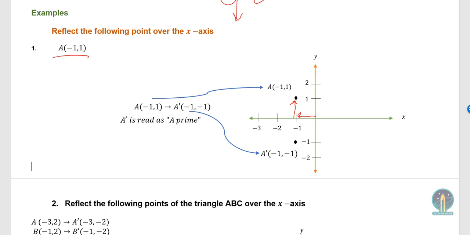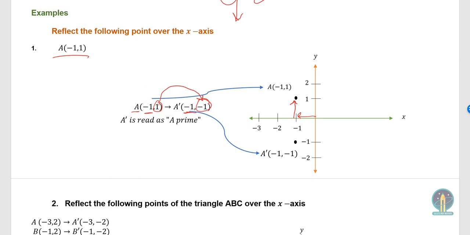Now, when we go to reflect it over the x-axis, again, the x-coordinate remains the same between the original point and its image, its mirror image, or its reflection, whereas the y-coordinate essentially gets multiplied by -1. So you go from 1 to -1, right? The transformed point, like we presented in the previous concept, is referred to as the main point prime.